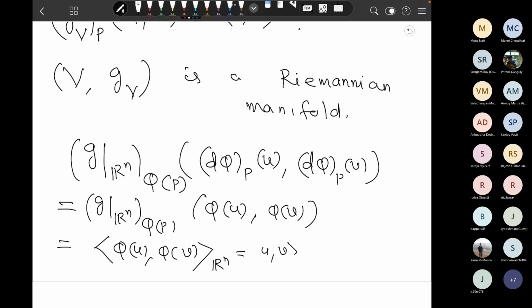But that is really the inner product of U, V on V, and this is really G of V. As simple as that.